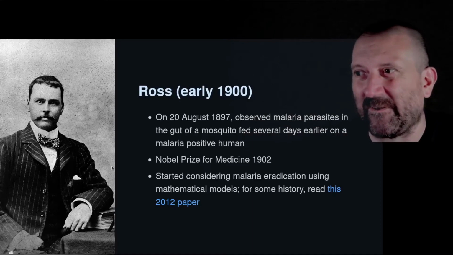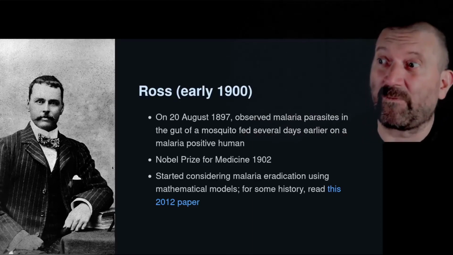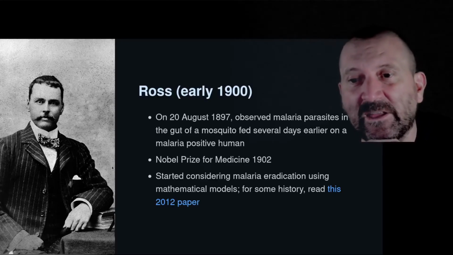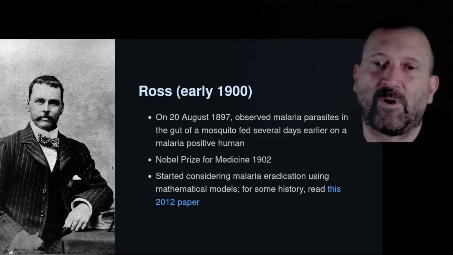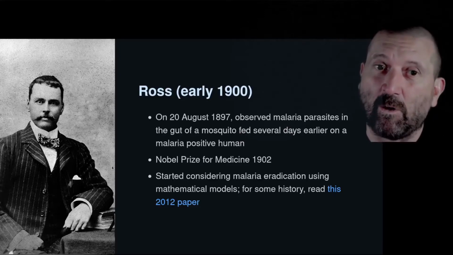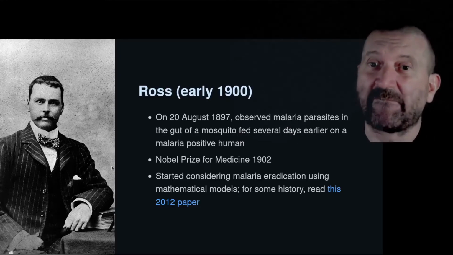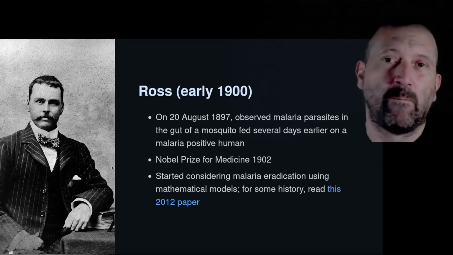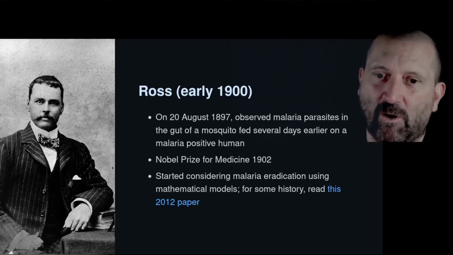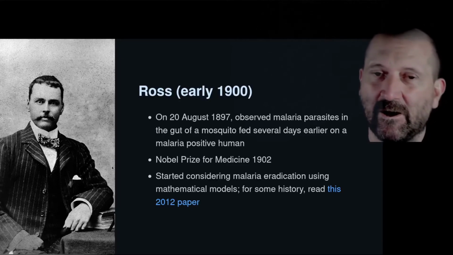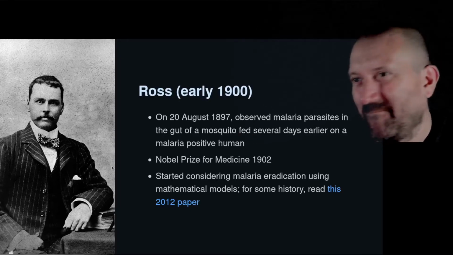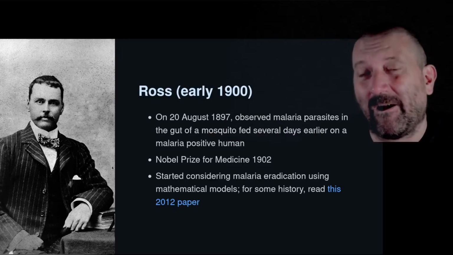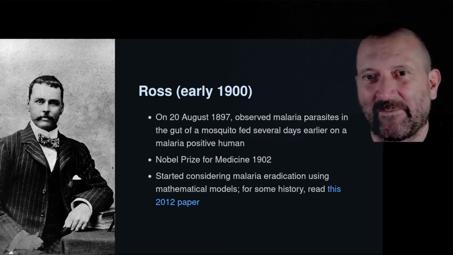And that got him the Nobel Prize for Medicine. But interestingly, Ross was very keen on mathematical modeling. So a lot of his work after 1900s involves mathematical considerations on how to control malaria and so on, using some techniques from mathematics.